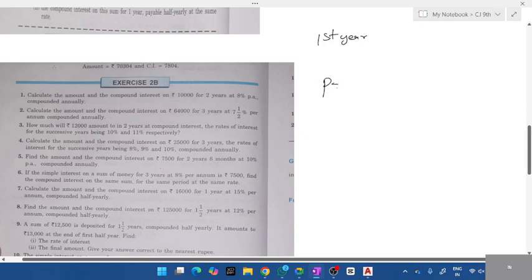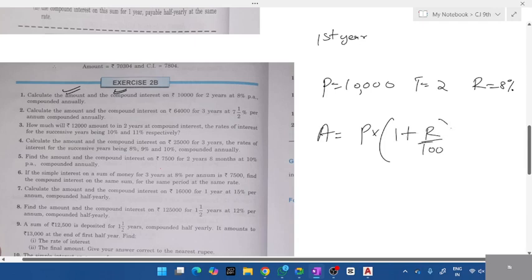If you use the formula, principal is rupees 10,000. Time is equal to 2 years. Rate is equal to 8%. Calculate the two things you have to find here, amount and compound interest. What is the amount formula, students? Principal into 1 plus r by 100 to the power n. Let us substitute.